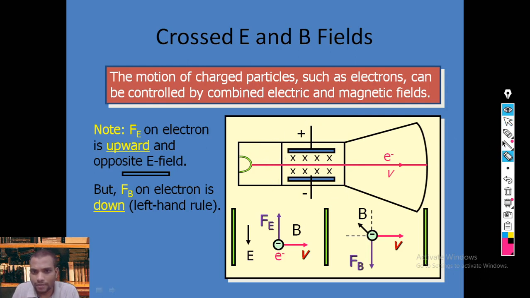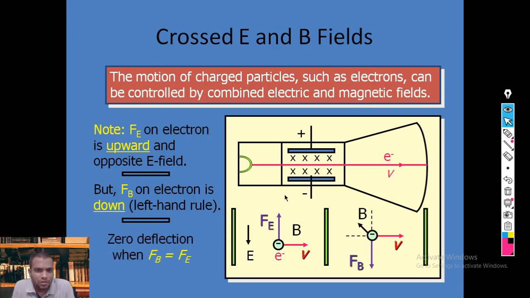If you notice, the positive plate is here, so the electron will experience an upward force, and the magnetic force which acts on the electron in this case is in the downward direction. Now these two forces are acting at the same time on the electron which is moving through it.